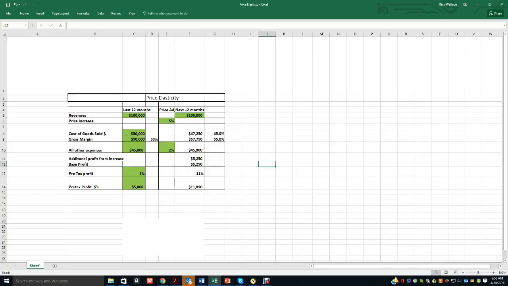Because of that 5% increase, my gross margin goes up to 55% from 50. My expenses go up to $45,900, and I end up making 11% or $11,850 by selling the same number of units as I did before, but with a 5% increase. So you can see it more than doubled my profitability, that 5% increase.